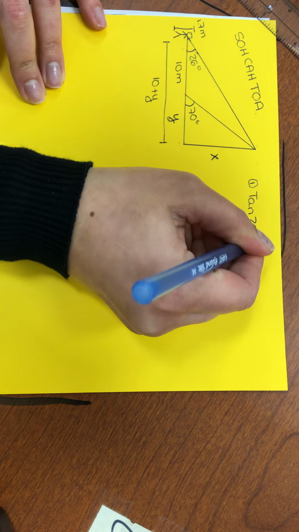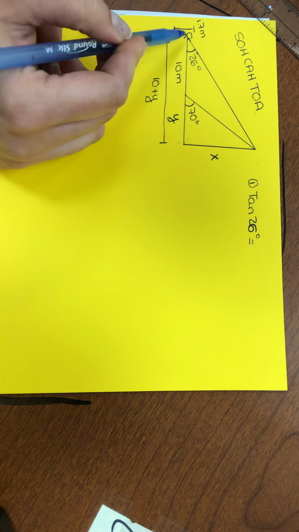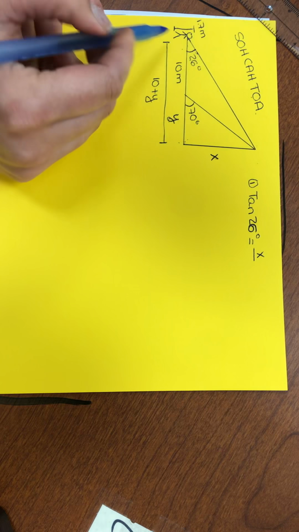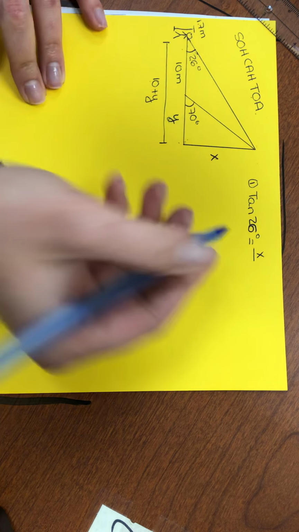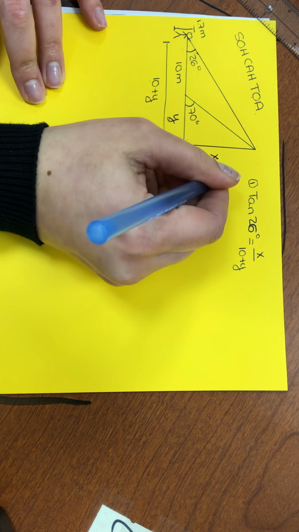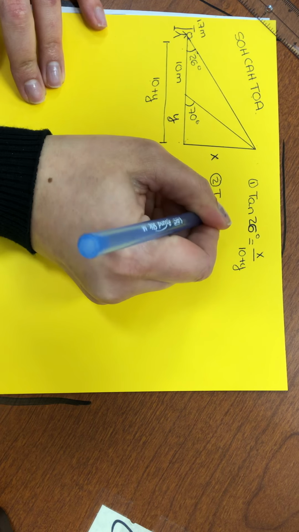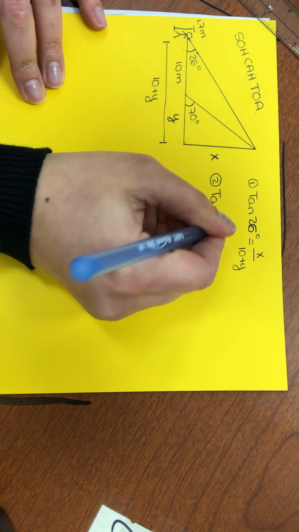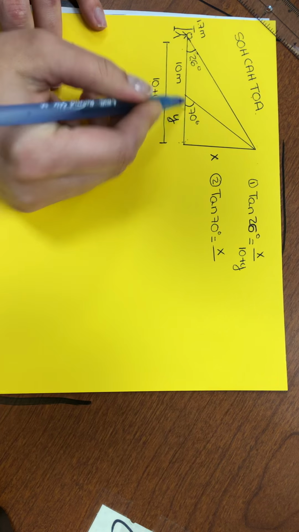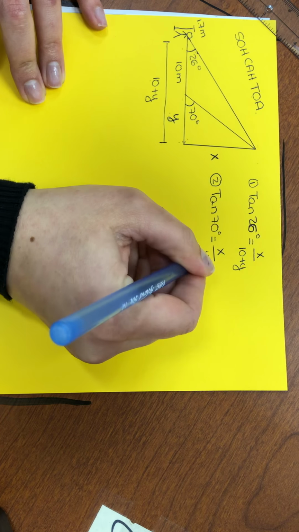Tangent of 26 equals opposite over adjacent. Opposite will be x over adjacent will be 10 plus y, this whole side. Then my second equation is going to be tangent of my second angle, which is 70, equals opposite, which is x, over adjacent, and adjacent for this triangle will be y, so x over y.